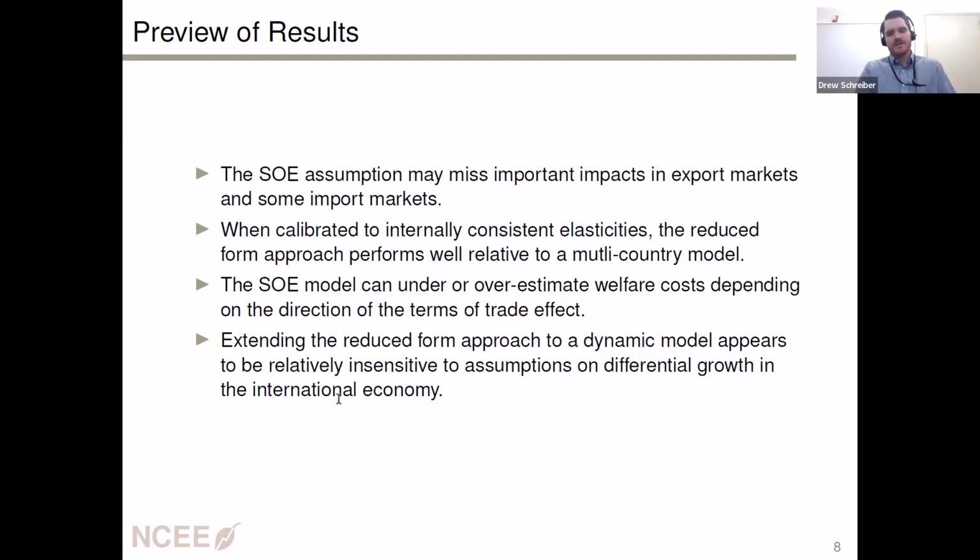So we get at this question a little bit in the paper, and we largely find that, at least for the purposes of looking at environmental regulatory scenarios in a US-based model, the assumption on differential growth in the international economy doesn't make a huge impact on some of the calculated welfare effects in the model.